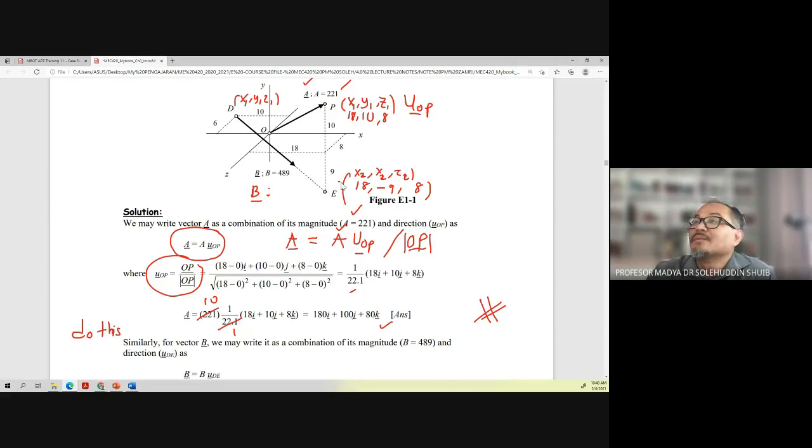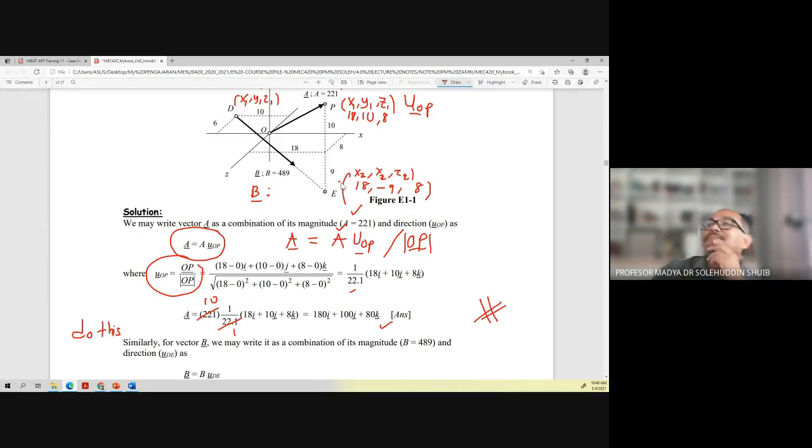The x value, this is x: 18. And then for y, -9. And then z, 8.